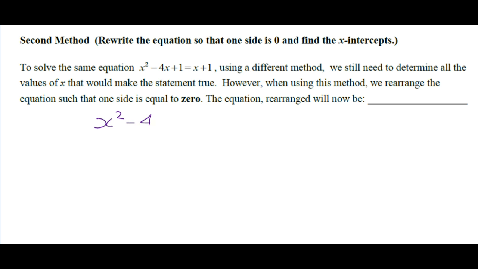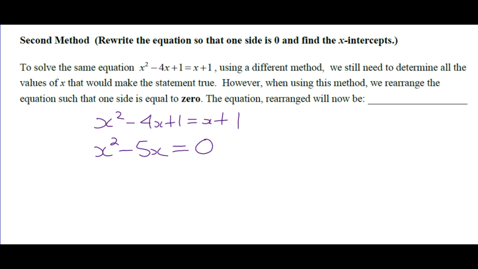We got x squared minus 4x plus 1 equals x plus 1. So I'm going to subtract x from both sides. Okay, so the x squared stays. I'll get minus 5x. I'm going to subtract 1 from both sides. Well, that's just 0. So we get x squared minus 5x is equal to 0.